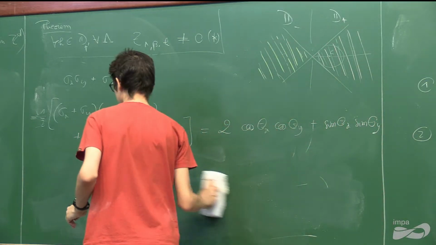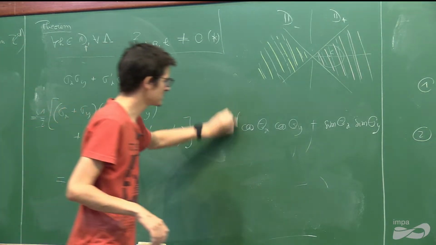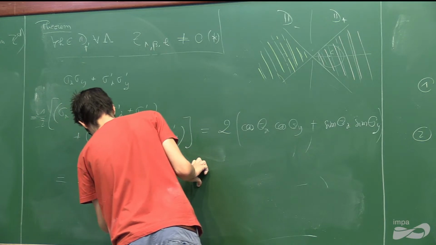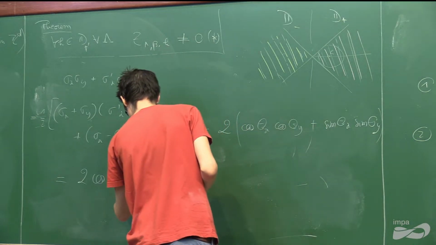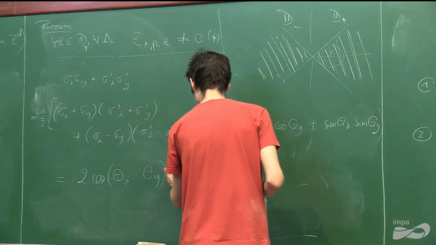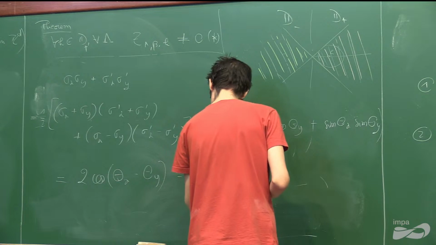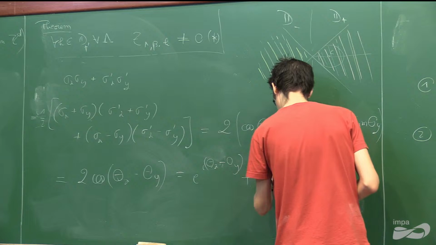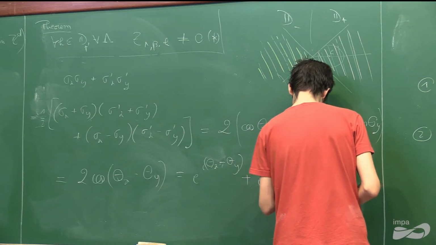And if you remember your trigonometry, this is just 2 cos (theta x minus theta y), which is just exponential I (theta x minus theta y) plus exponential I (theta y minus theta x).